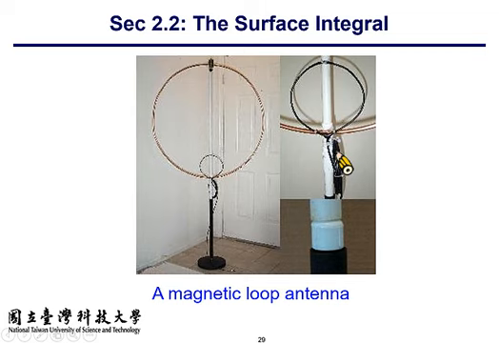So what is the wavelength of 1 megahertz? The speed of light is 3 times 10 to the 8 divided by 1 mega, that is 10 to the 6. So the wavelength of 1 megahertz is about 300 meters. To make an effective antenna, if you use the conventional dipole antenna or monopole antenna, the size of the antenna should be about half the wavelength or at least a quarter wavelength.